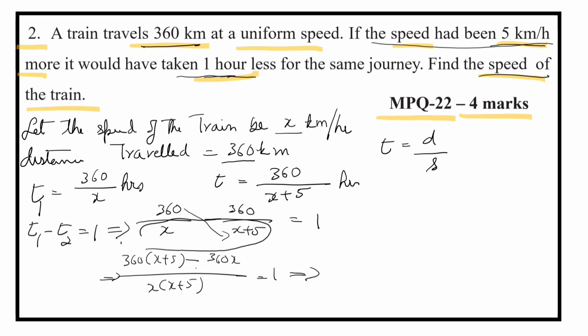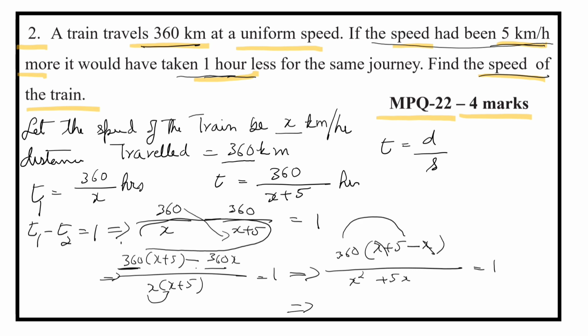It implies that common is 360, so take it outside. Here x plus 5 minus x, here multiply x square plus 5x is equal to 1. Here you can cancel x and x. Then you can multiply 5 and 360.